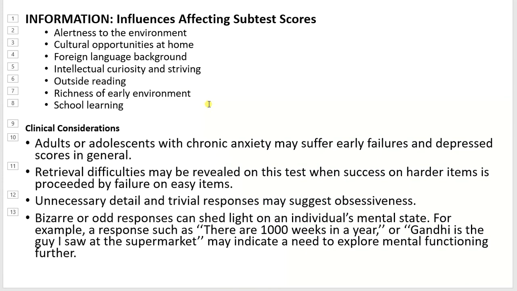For example, a response such as there are 1000 weeks in a year, or Gandhi is the guy I saw at the supermarket, may indicate a need to explore mental functioning further. So, the qualitative responses, what I am emphasizing with these examples is that it is not only the subtest scatter, but the response time, the reactions, the nature and content of the response, all things should be taken into consideration when we are using intelligence test as a clinical tool.